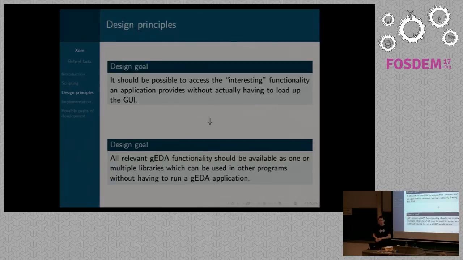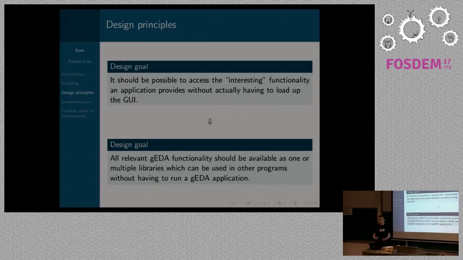So the easiest approach to this would be to try to strictly separate between the GUI code, which is not loaded at all if there are any scripts executed, and the functionality which is available to scripts. This is, for example, how PCB handles this. But if you do this very seriously, what you are left with is a slim application which basically embeds a scripting interpreter and exports a lot of functionality and then runs a script.